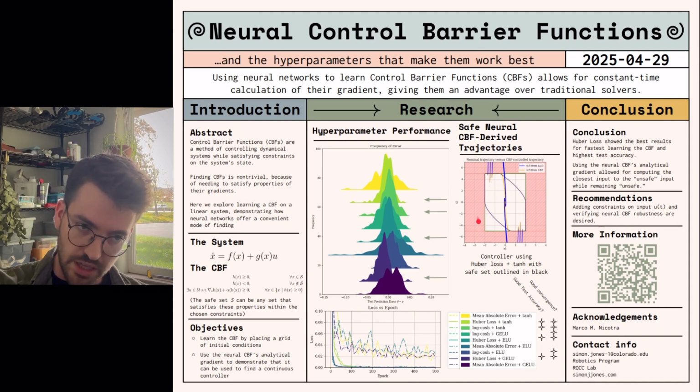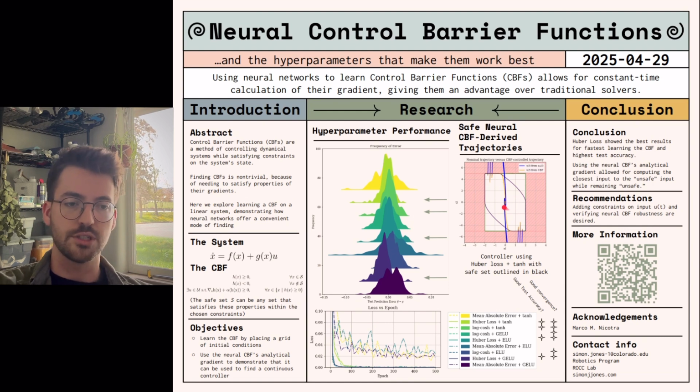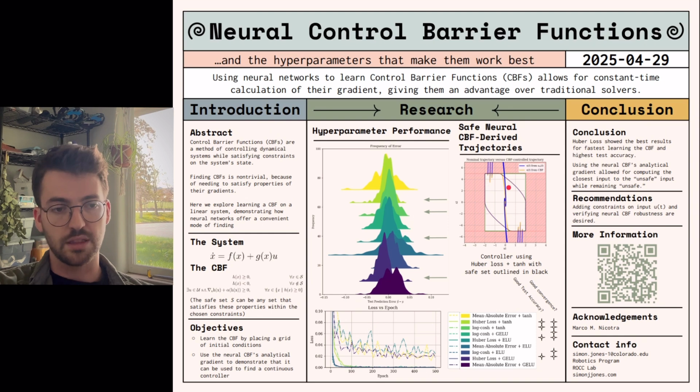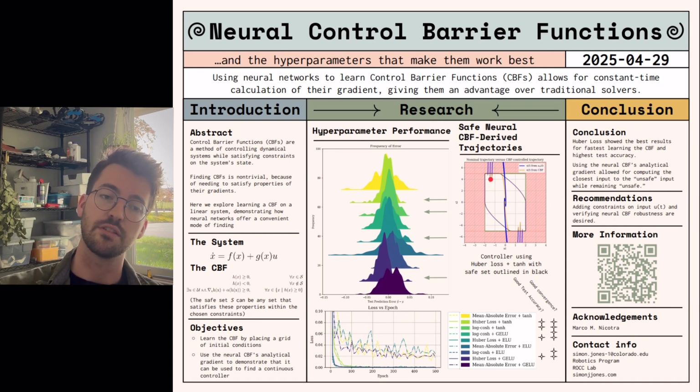If it starts inside of the safe set, it drives it to the origin using this neural control barrier function, whereas the unsafe input that we were given previously is this blue line that leads us way outside of our constraint and violates it. So our control barrier function does indeed drive us to be safe.